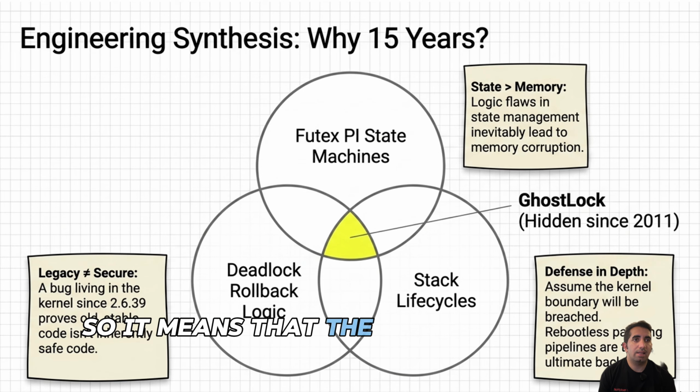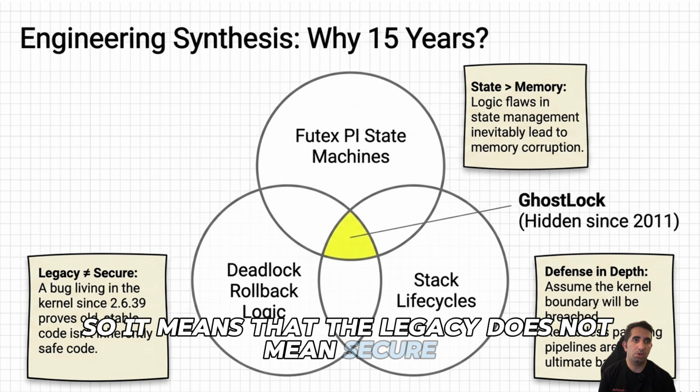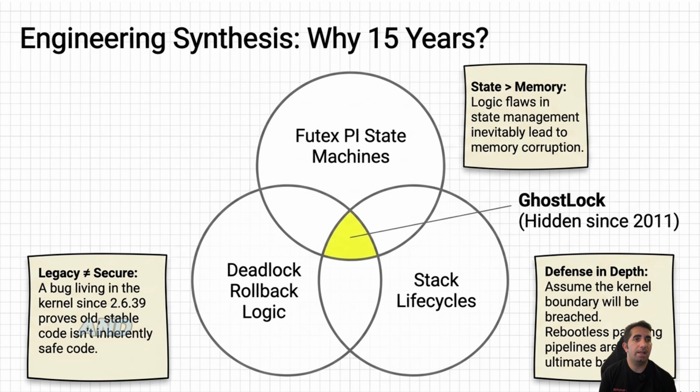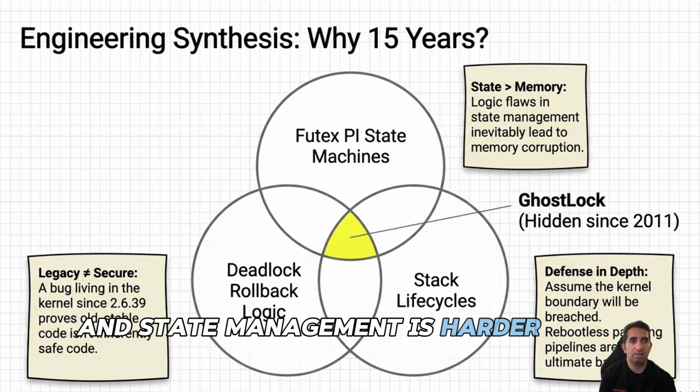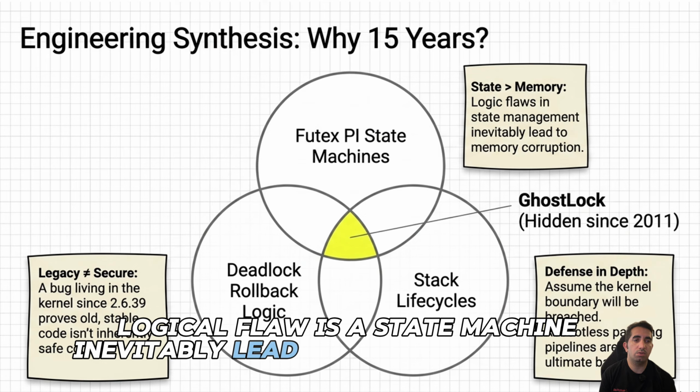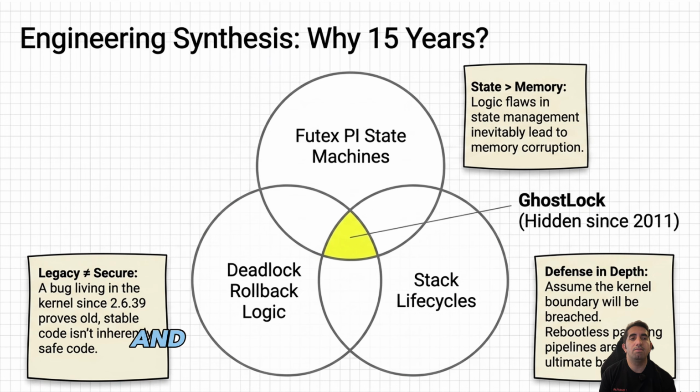And the key takeaways are very clear. Legacy does not mean secure. Just because code is old and stable does not mean it's safe. And state management is harder than memory management. The logical flaw in a state machine inevitably leads to memory corruption, and we need defense in depth.